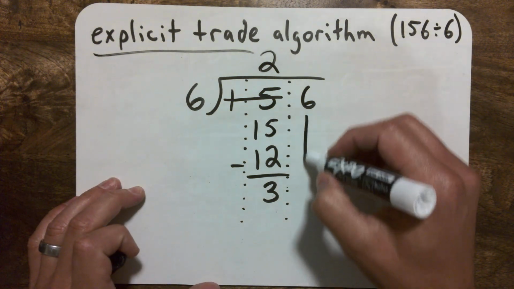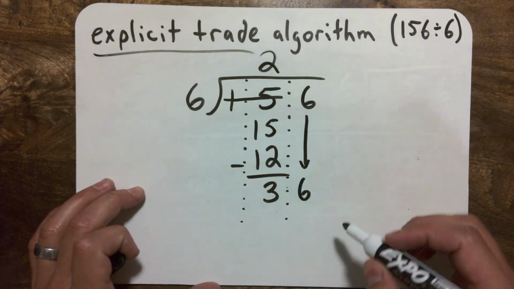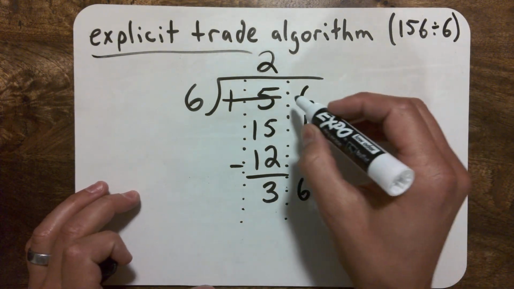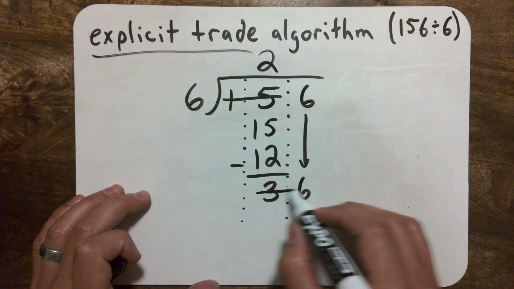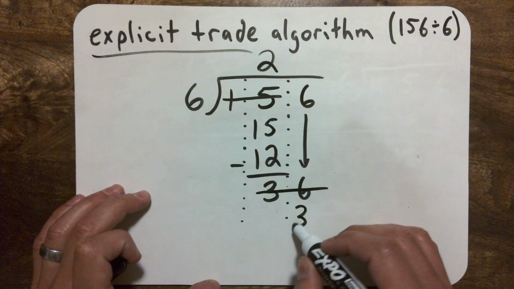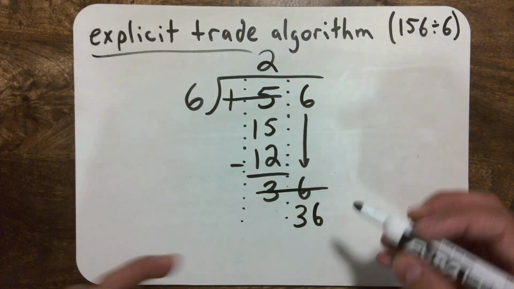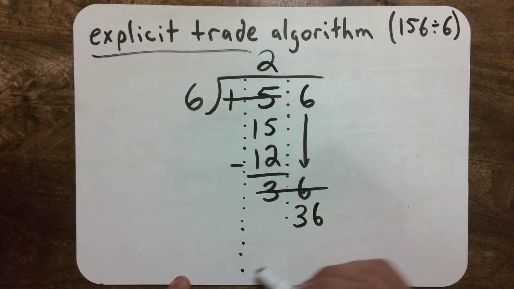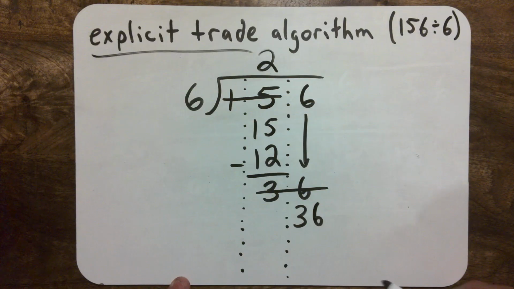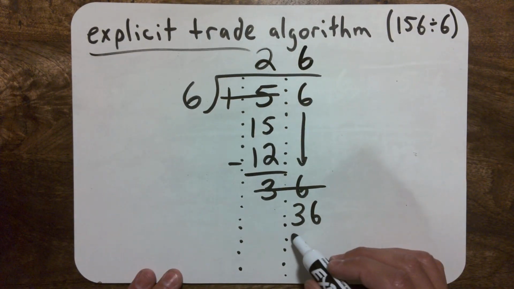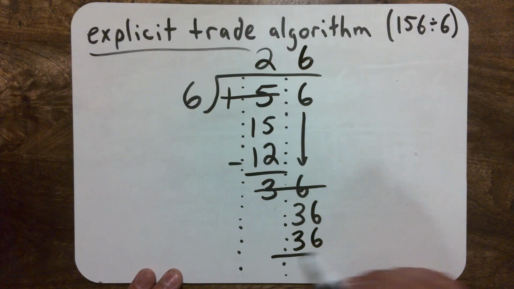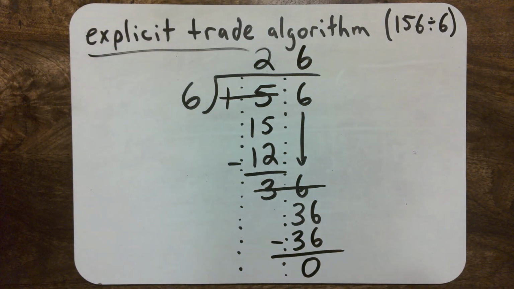So you can cross off from that step, and we'll rewrite 36 in the ones column again, just to better highlight that we now have ones. Then we put 6 ones into each of the 6 groups. That took away a total of 36, which left me with 0 ones.